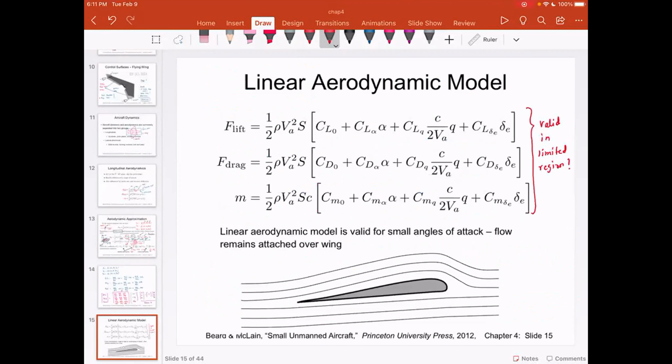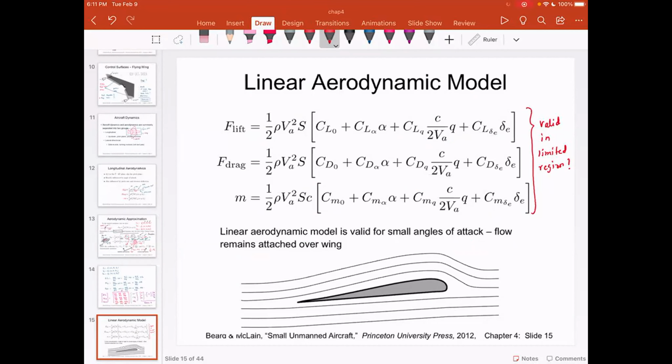However, if you want to look at the behavior of lift force, drag force, and moment over a larger value of alpha, you will have to look at the complete nonlinear dynamical model.